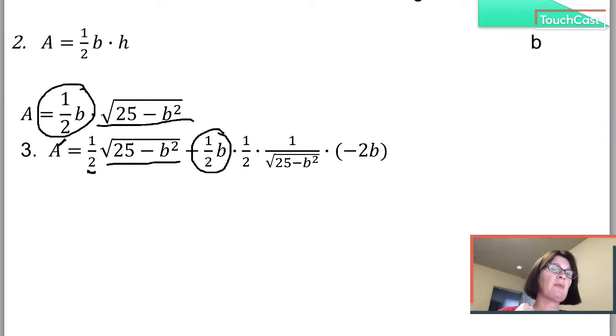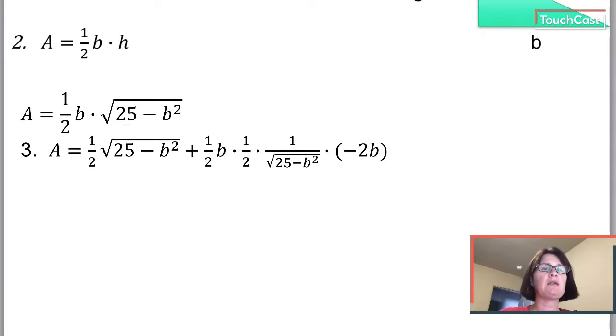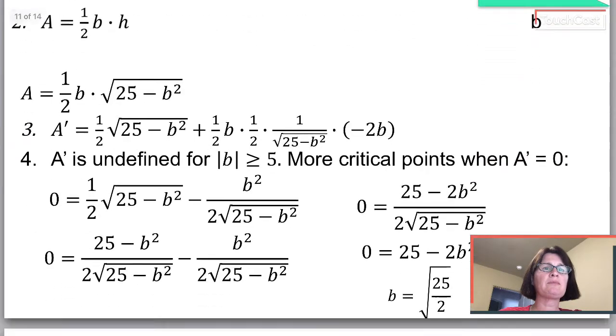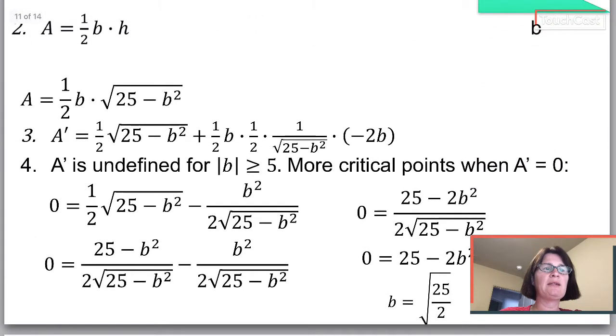So bring the 1/2 down, multiply by 25 minus b squared to the negative 1/2, that's 1 over the square root of that, and then the derivative of the inside is negative 2b. So in the next slide, I've organized that work a little more.